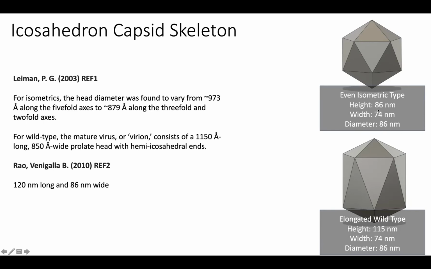It's 86 nanometers in this type of icosahedron, while for the elongated wild type, the height is 115 nanometers with the same width as the isometric icosahedron. So that gives an equivalent diameter of 86 nanometers.